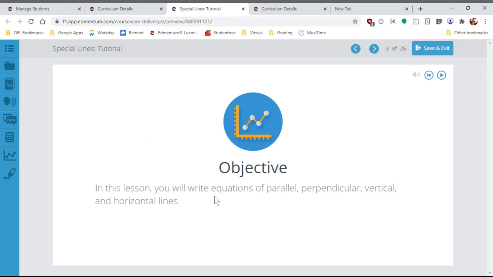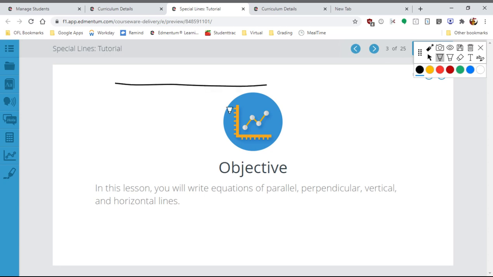So in this lesson, we're going to learn how to write parallel lines, perpendicular lines, vertical and horizontal lines. For those of you guys that don't know, horizontal is straight across. If there's any skateboarders, just think when you're skating the vert.